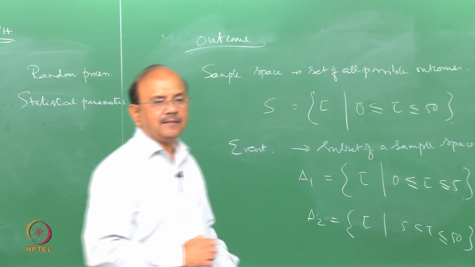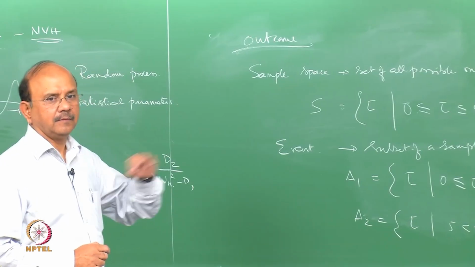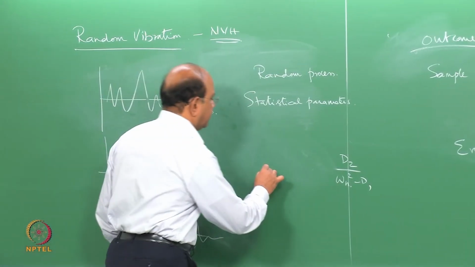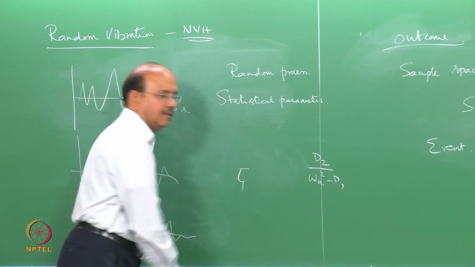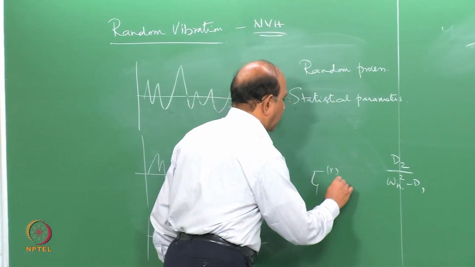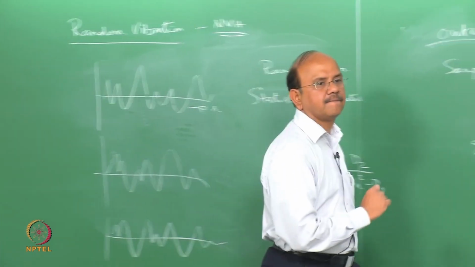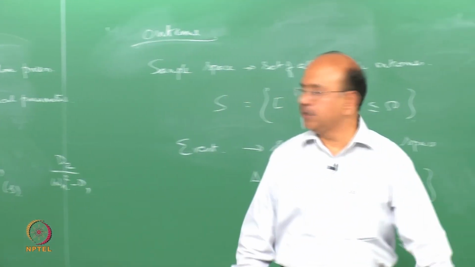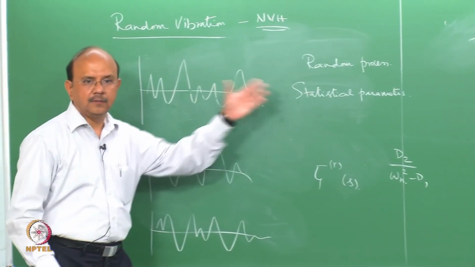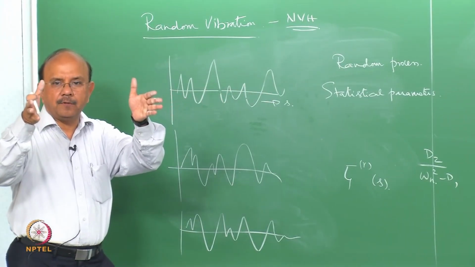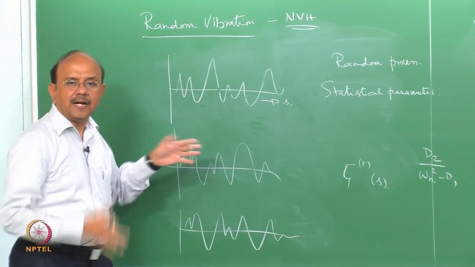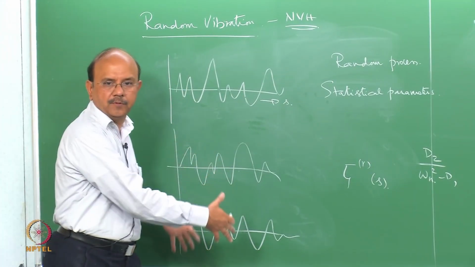Let us say that I have taken a number of readings. Let me call these readings zeta, say R, where S denotes the distance from the origin. I start a strip, I take readings from the strip, that is the S, and I take another strip and another strip and so on.